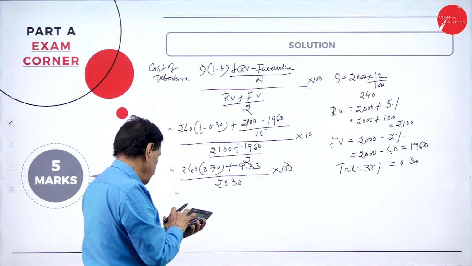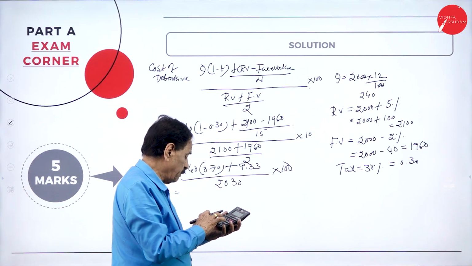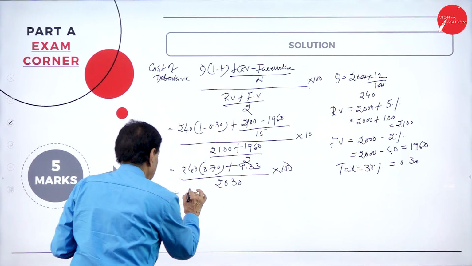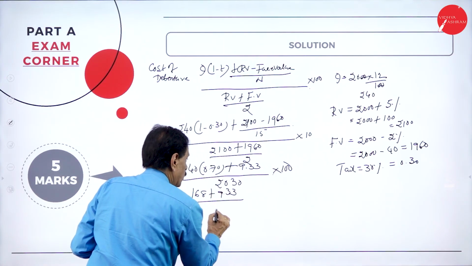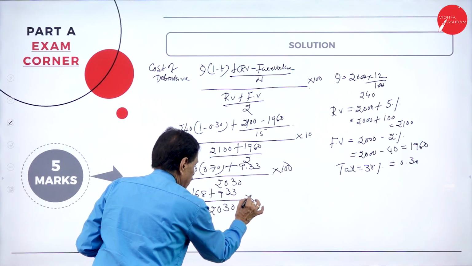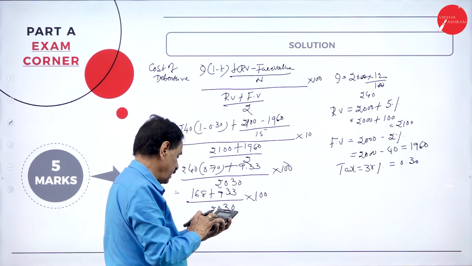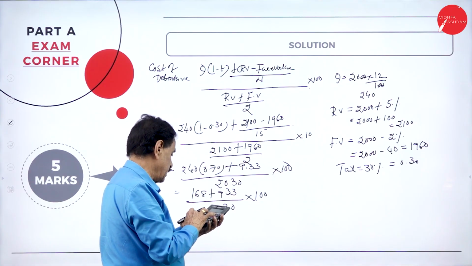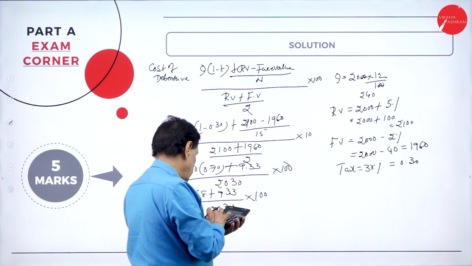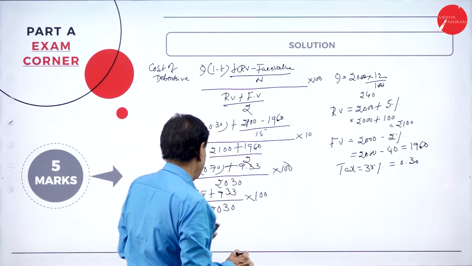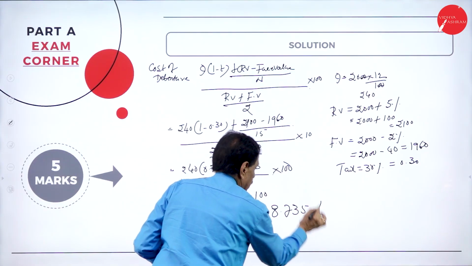So 168 plus 9.33 divided by 2030 into 100 comes to 8.735%.